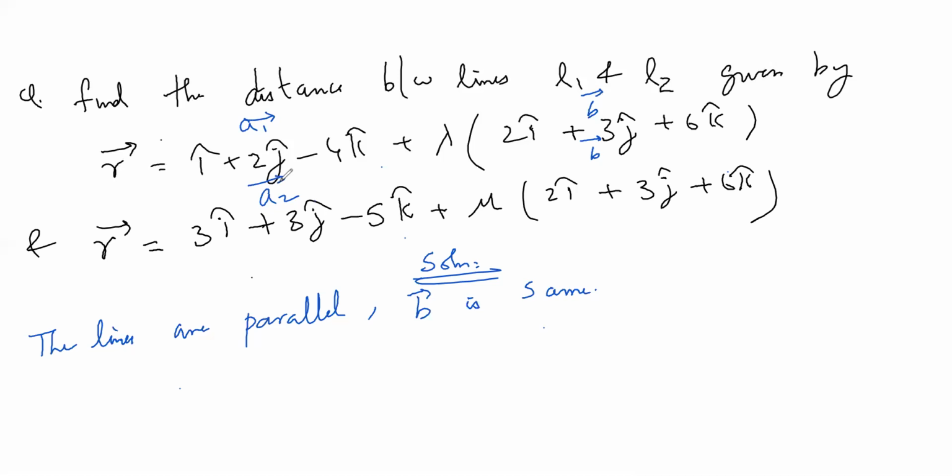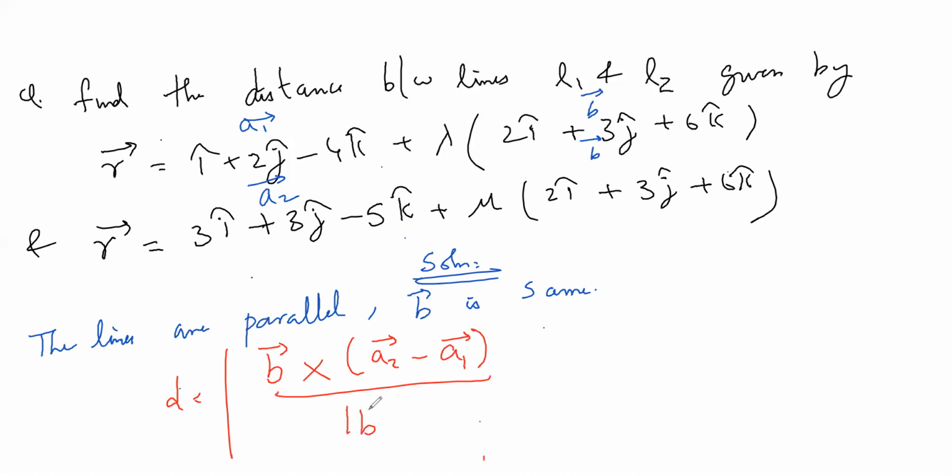Now what is my distance formula here? d is equal to the mod of b cross a2 minus a1, divided by the mod of b. Whenever we get a cross product, we have to use a determinant.